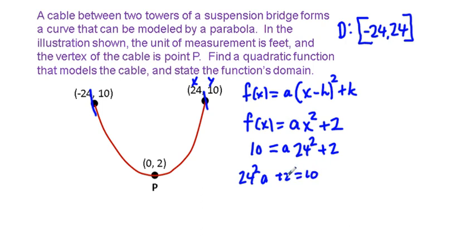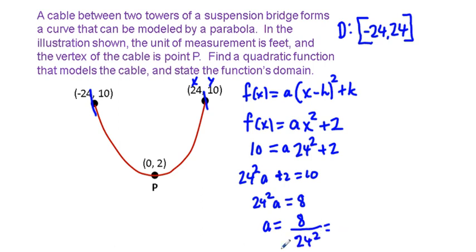If we subtract 2 from both sides, we get 24 squared times a equals 8. And then if we divide, a is going to be equal to 8 divided by 24 squared.